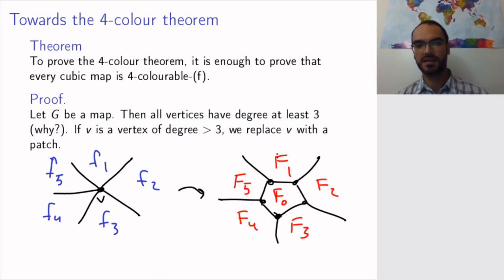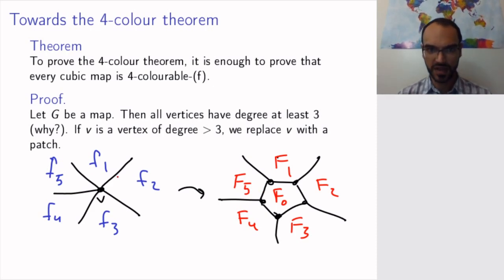This means that if I can color this new map in 4 colors, then by using the same colors for F1 through F5, I will be able to color my original map, because the edge sharings between the faces are the same. And this face F0, I just forget about it because it's certainly not in the original map.